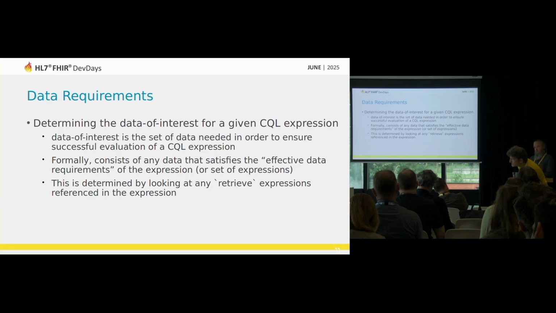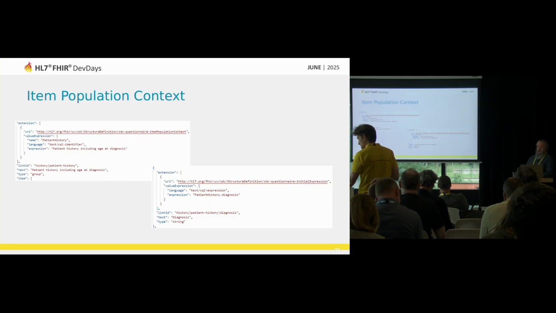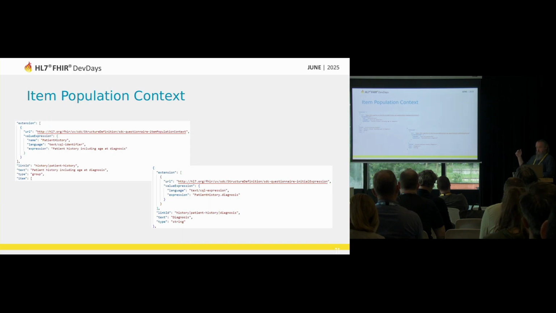For calculated expressions, but for initial population, I thought I saw on the context slide that you said you can refer to other questionnaire items, and I was surprised to see that. Yes. So as long as it exists before the item that is being evaluated, you can reference it within the questionnaire response, and you can always reference items within the questionnaire.